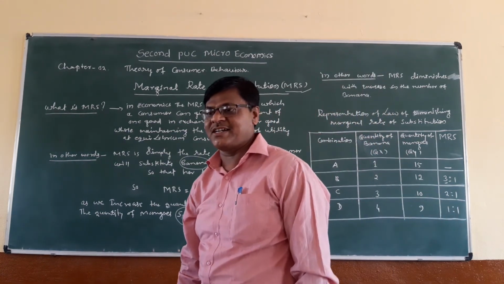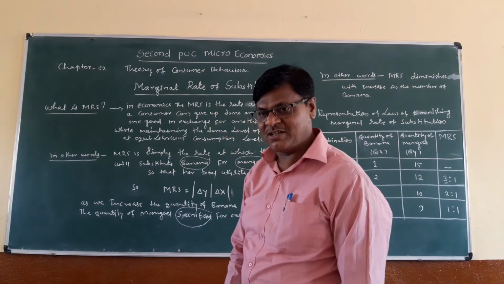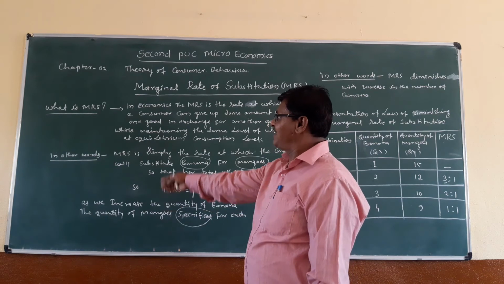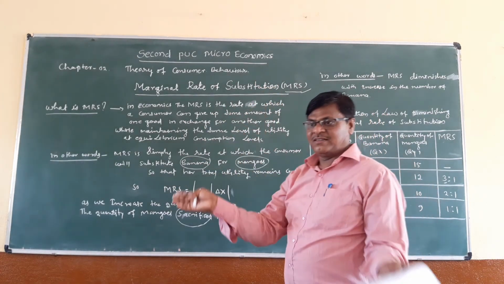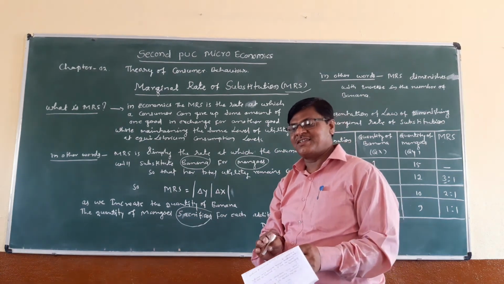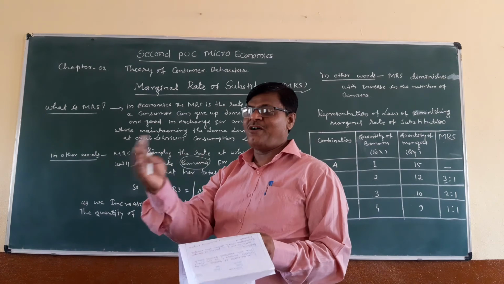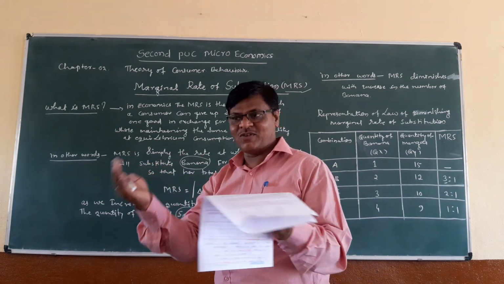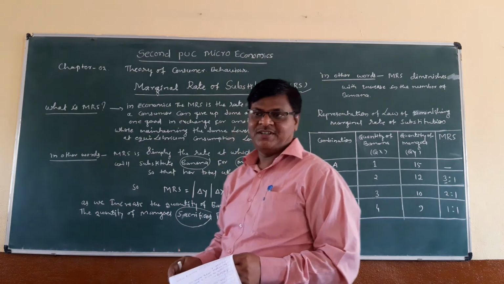What is marginal rate of substitution? Or what do you mean by marginal rate of substitution, MRS? The marginal rate of substitution is dependent upon substitute goods. When one falls, the other increases, and the ratio will change.